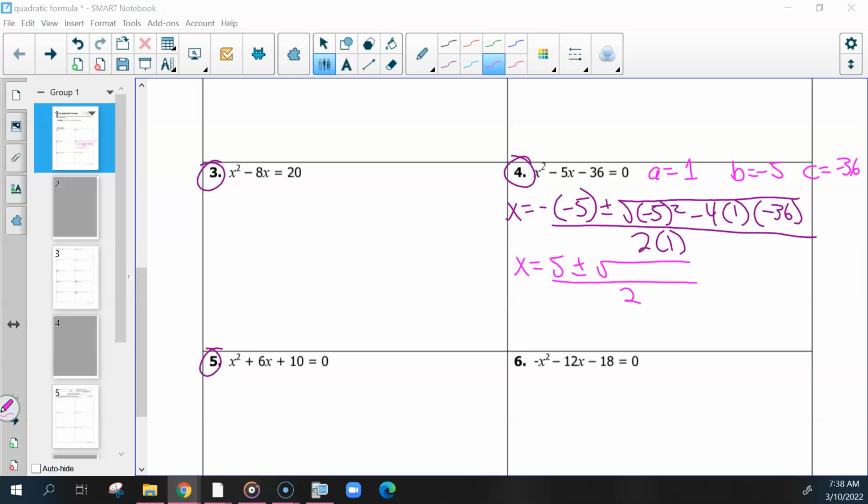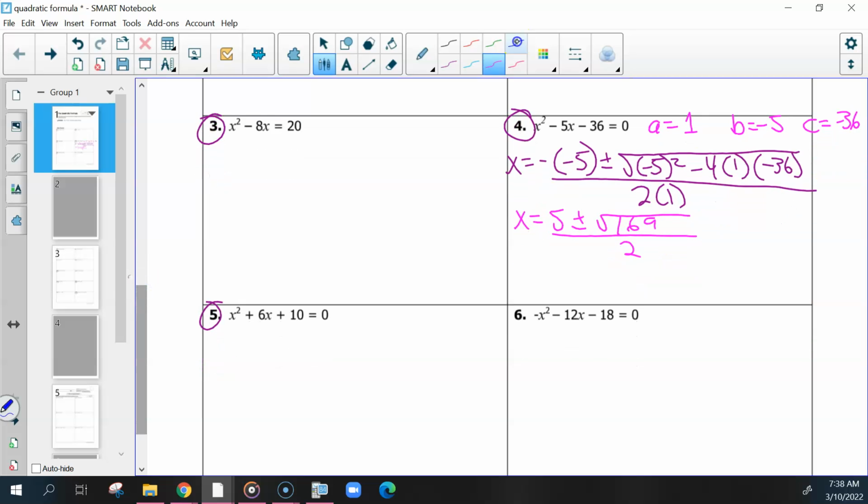169. Is 169 a perfect square? Yes. So we're going to simplify this even more. 5 plus or minus 13 over 2. So then we can separate that into 2 different fractions. 5 minus 13 over 2, and 5 plus 13 over 2.